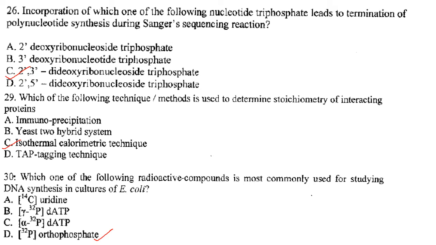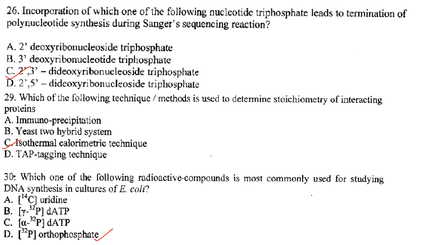Answer is option C. Then next one. Which of the following techniques or methods is used to determine stoichiometry of interacting proteins? Isothermal titration calorimetry is used to measure stoichiometry of interaction between proteins. Answer is option C.